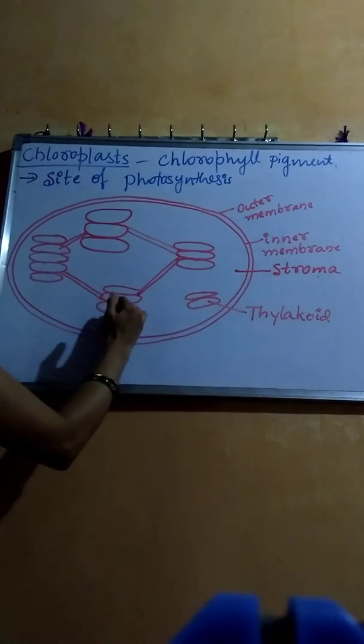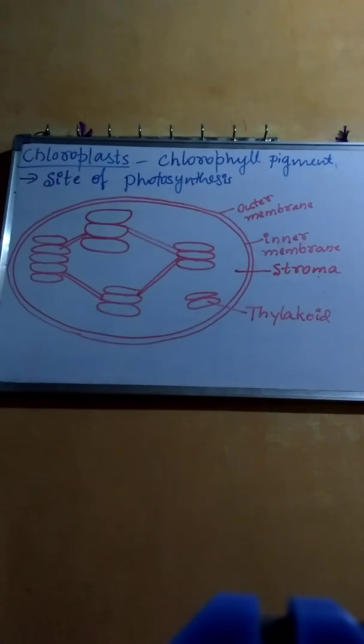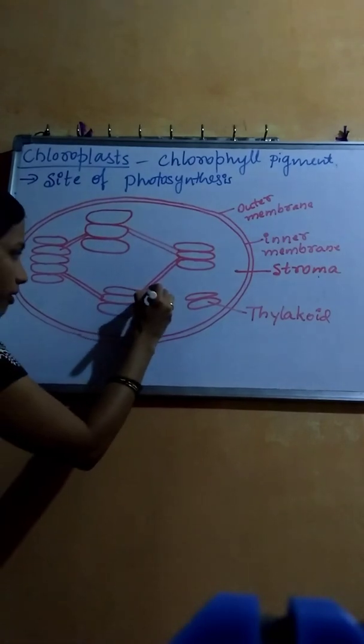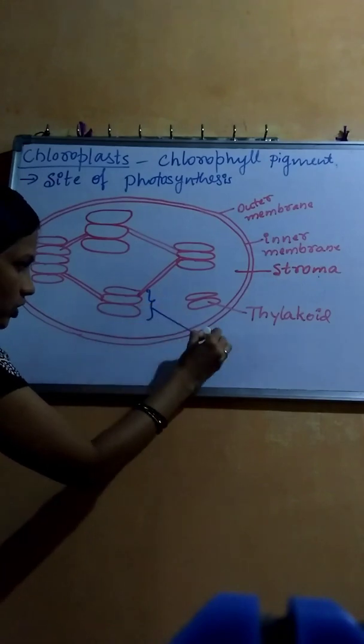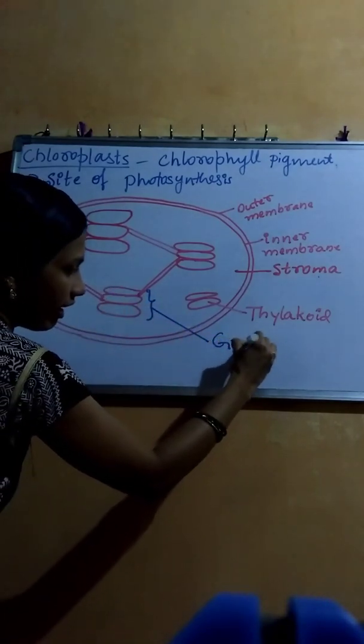These thylakoids are arranged one above the other, which forms a stack of membrane bound flattened sacs called thylakoids, and that is called grana.